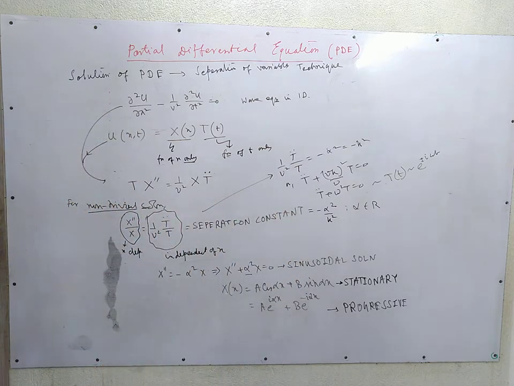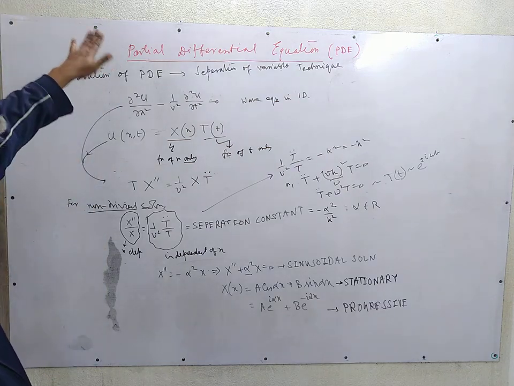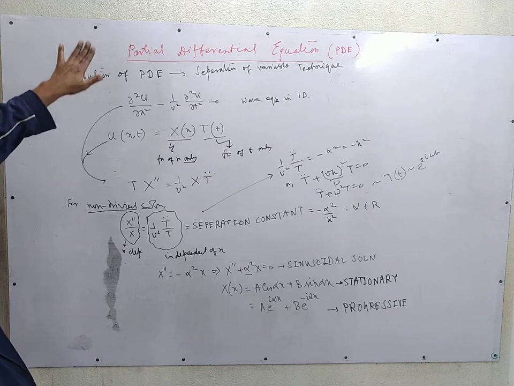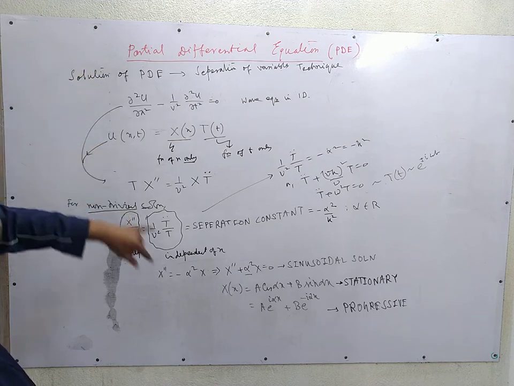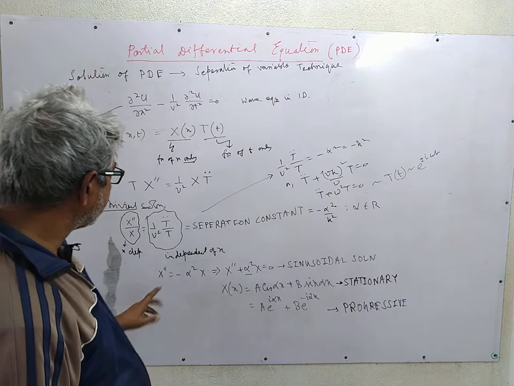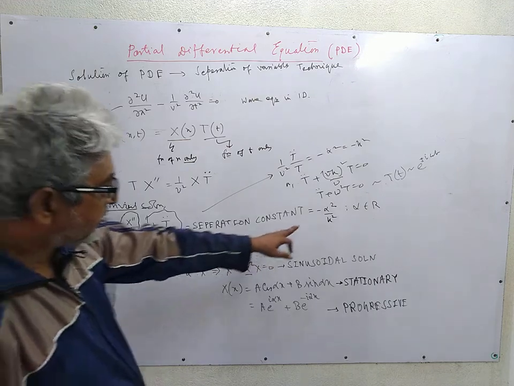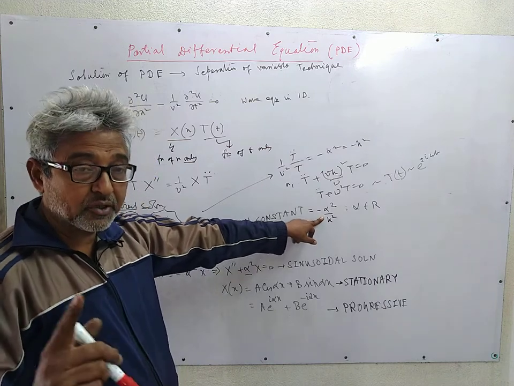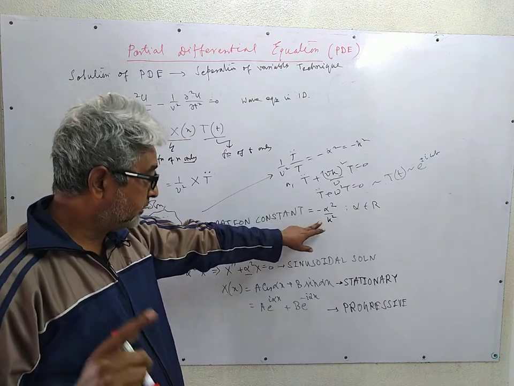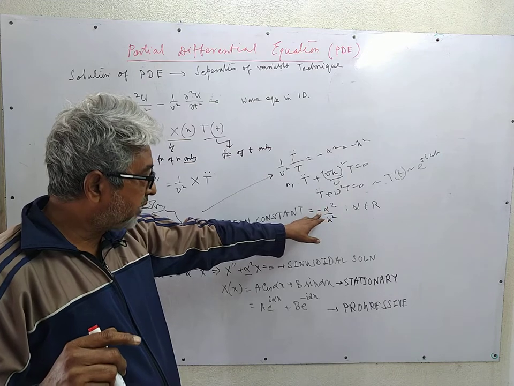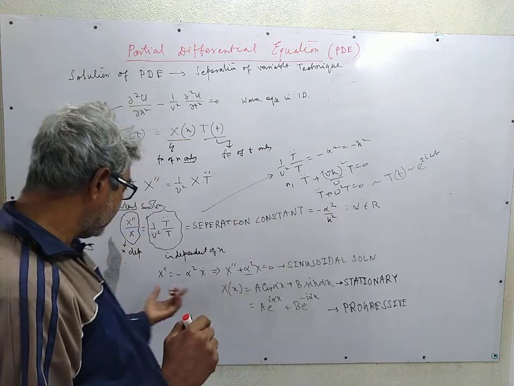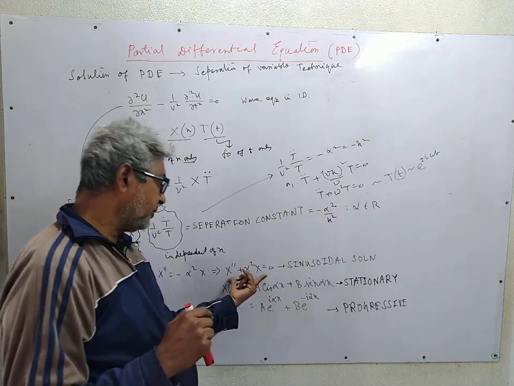The separation constant is so chosen that the physical nature of the problem under consideration is retained. For example, if we know that the solution should have periodicity with respect to x, then we should choose the separation constant to be minus of some real number, so that the resultant equation has sinusoidal behavior.